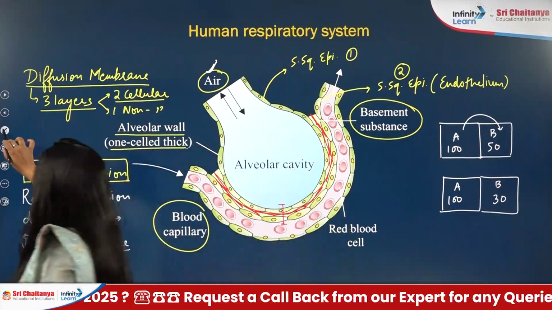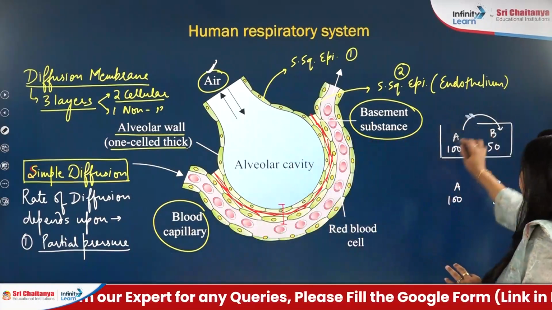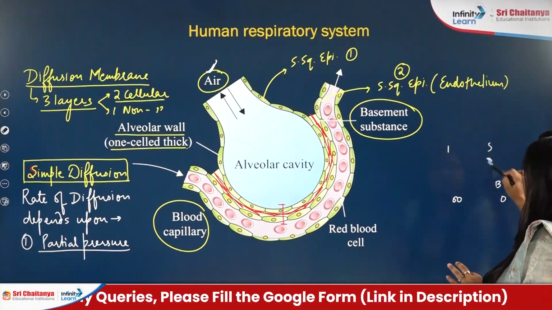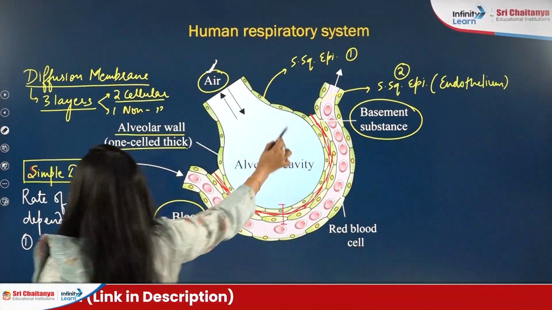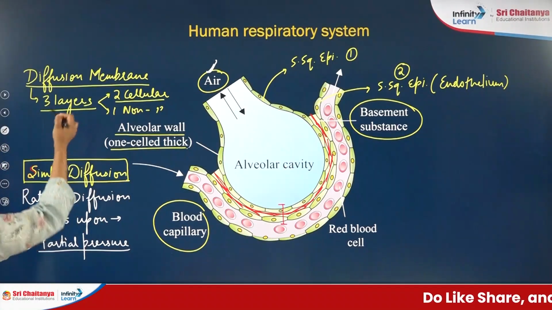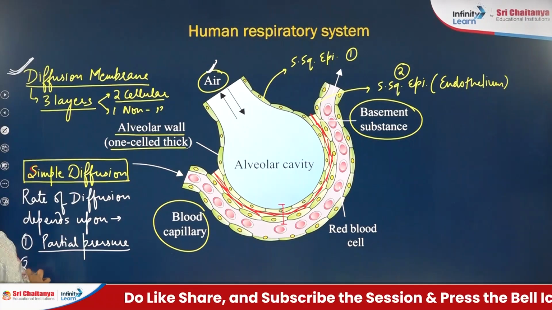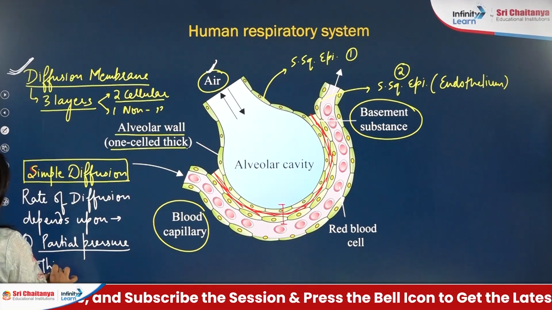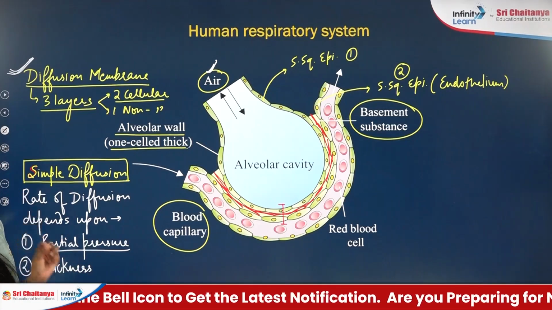So now let us talk about another factor, that is the thickness of the diffusion membrane. Just now we have understood what the diffusion membrane is, right? So the second is the thickness. I have told you if the thickness is more, the rate of diffusion will be less.